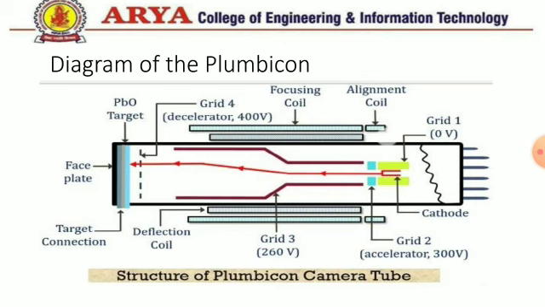If you see Vidicon, the elements over the PbO layer, as a photoconductive surface, were acting as a leaky capacitor, while in Plumbicon we will find these capacitors connected in series, and that is in reverse bias.